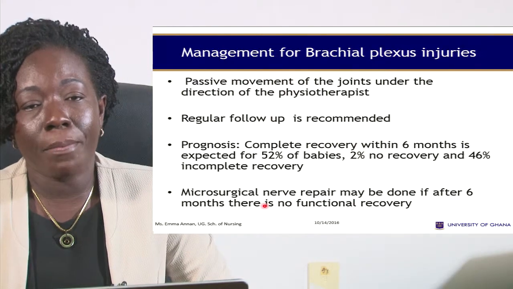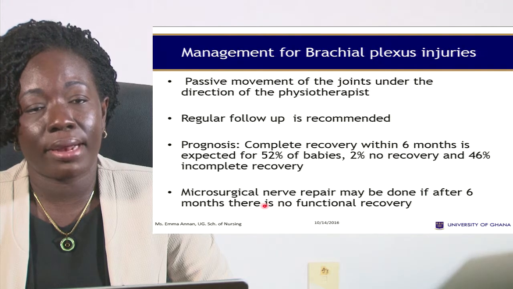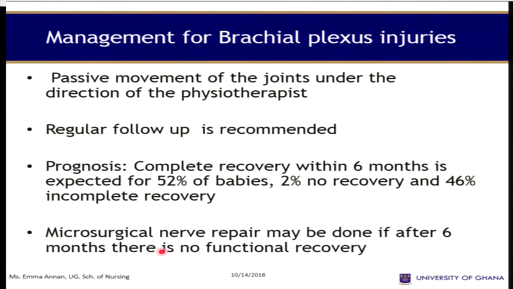You manage by doing passive movement of the joints under the direction of a physiotherapist. Regular follow-up is recommended. Usually, there is complete recovery within 6 months for about 52% of the cases, 2% will not recover, and 46% incomplete recovery.